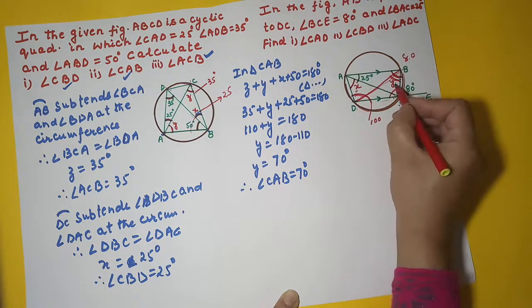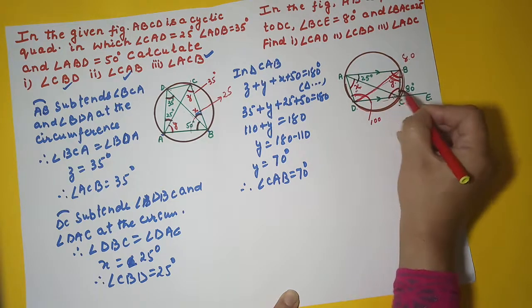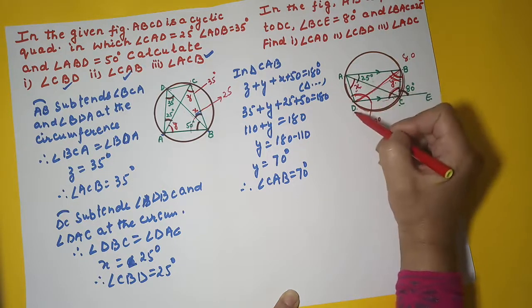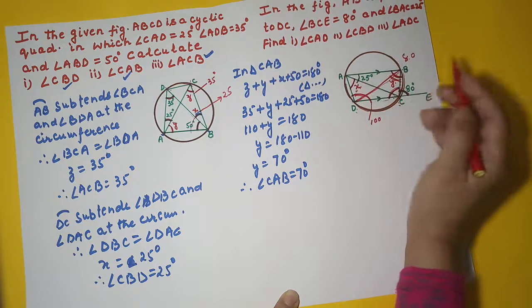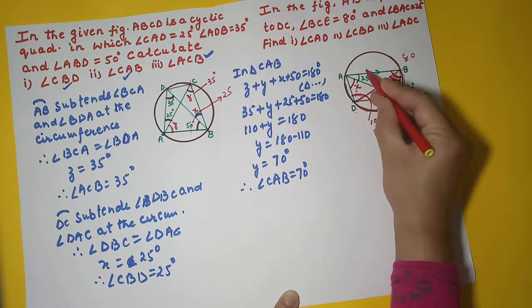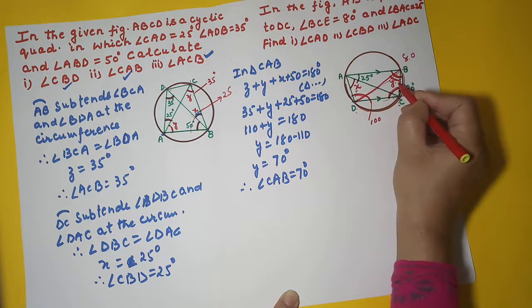Now the question is, how do I calculate this? I got this angle as 100 because this is 80, so this will be 100. This entire angle is 180. Then DCBA is a cyclic quadrilateral, so this angle plus this entire angle will be 180. So you can calculate X. Once you get X, you will get Y.